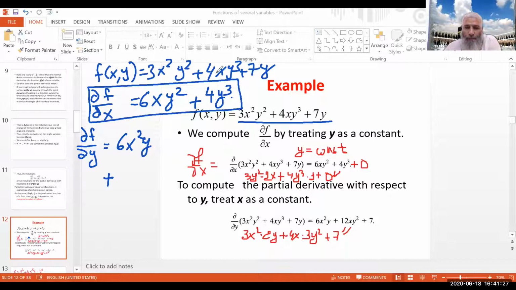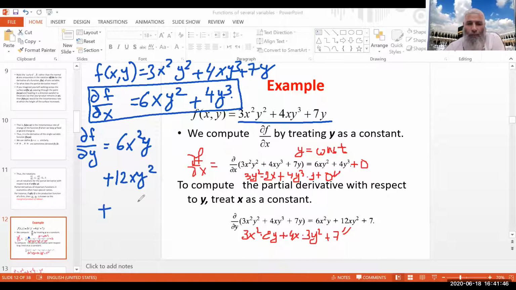Plus, now 4xy cubed. What is the derivative of y cubed? 3y squared. 3 multiplied by 4 is 12, so 12xy squared.